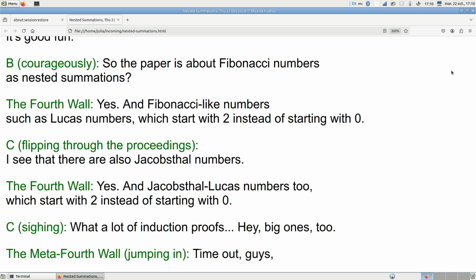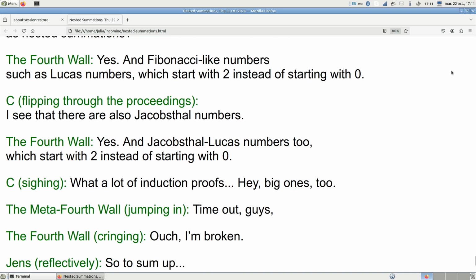So the paper is about Fibonacci numbers as nested summations. Yes, and Fibonacci-like numbers, such as Lucas numbers, which start with 2 instead of starting with 0.